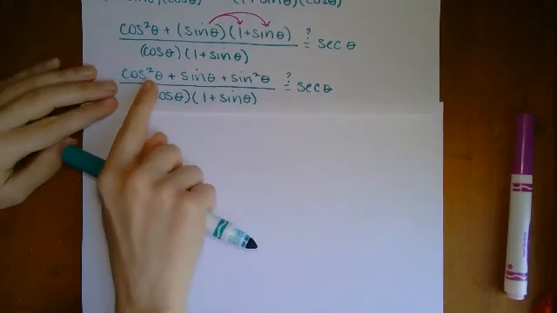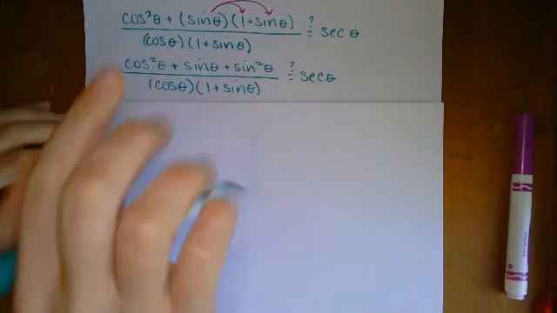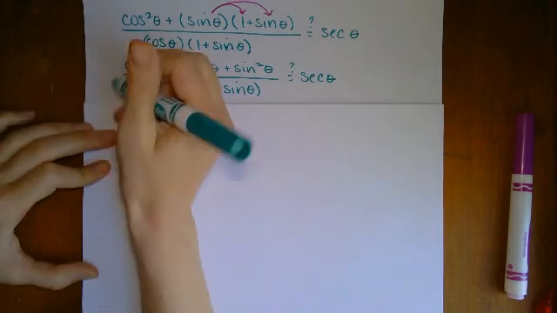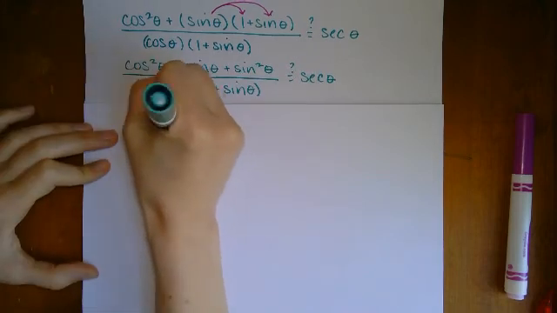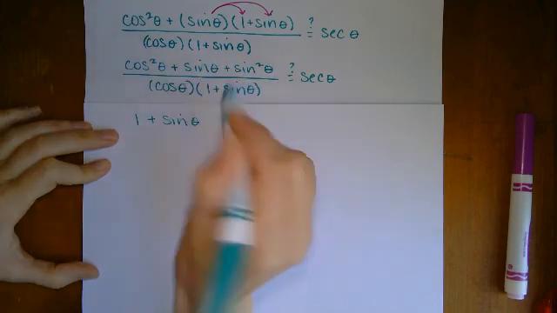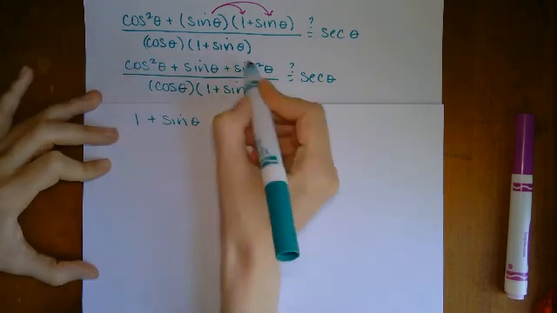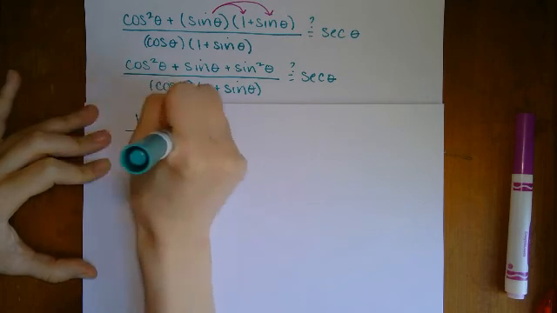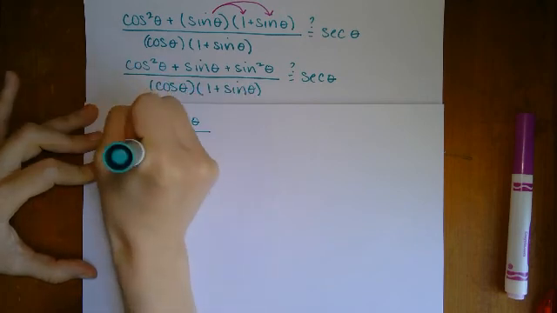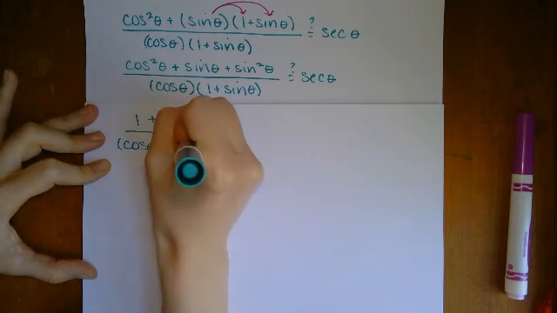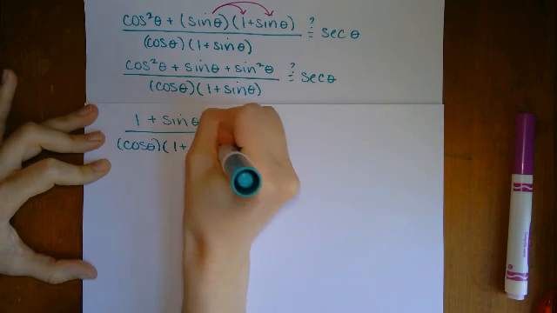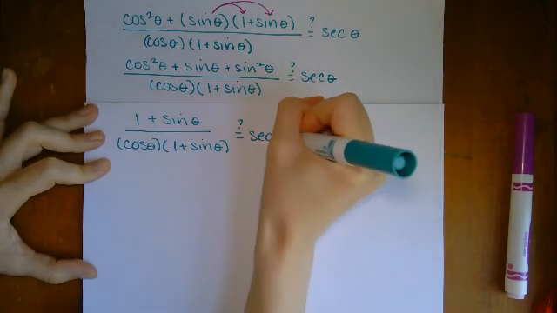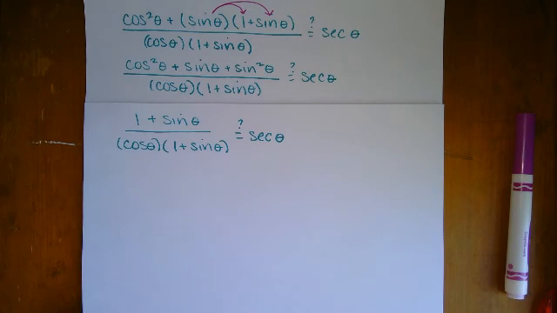So when I see that I have this cosine squared theta and this sine squared theta here, I can add them together, and I can just get 1. So now my numerator is 1 plus sine theta, because this cosine squared and this sine squared just added up to be this 1. My denominator is still cosine theta times 1 plus sine theta. And we're still trying to see if that's equal to secant theta.